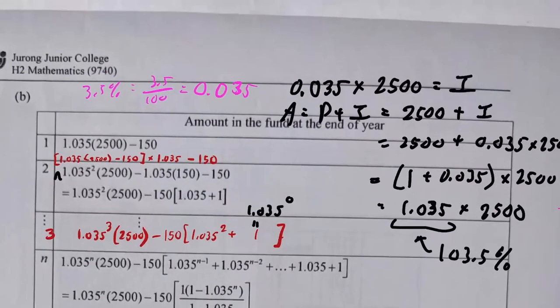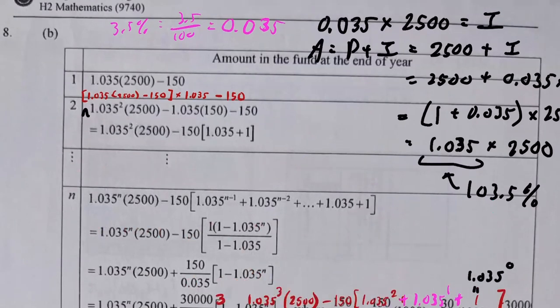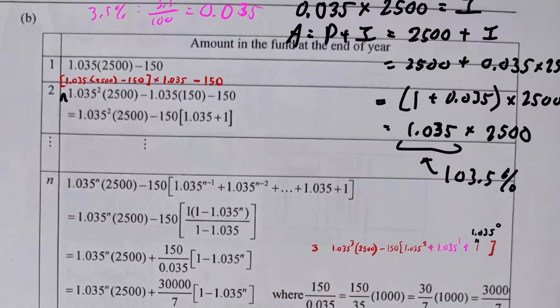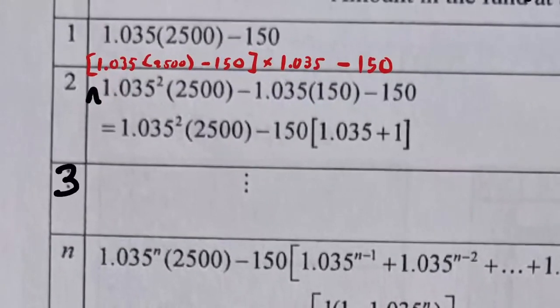So it's the 1.0. What's missing? Yes, it's missing 1.035 power 1. Right? Makes sense or not? Geometric series. If you cannot see it immediately, then we just go through the procedure again. So row 3, we copy and paste the expression. Give me a while to copy this.